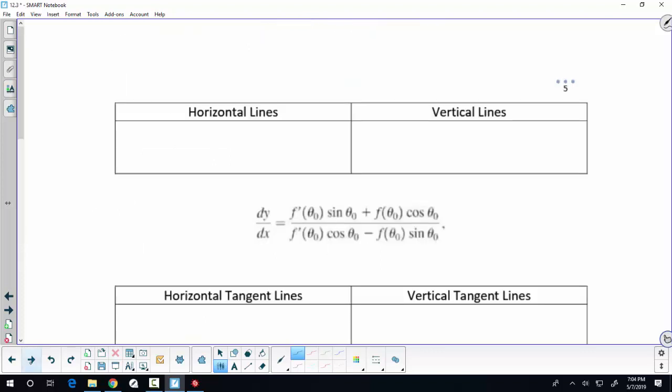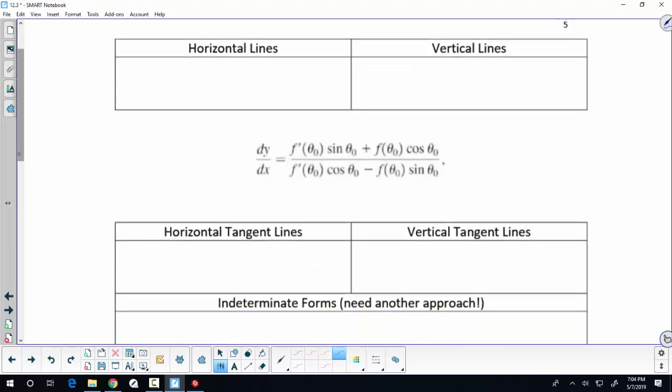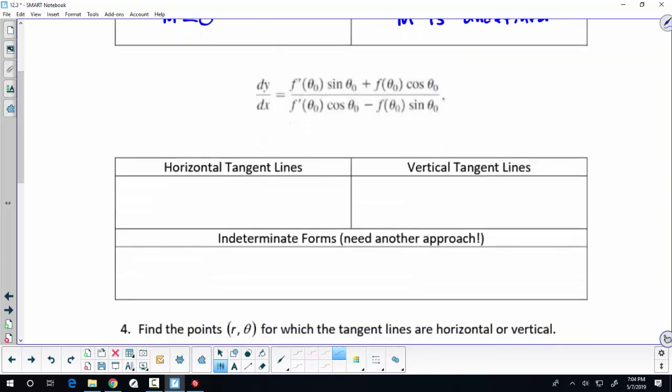Right. Now, a similar kind of setup here with horizontal and vertical lines. We're really concerned about finding horizontal tangents and vertical tangents. So slope is 0, or undefined slope. But similar to what we looked at in 12.1, the horizontal tangent lines occur when the numerator of the derivative is 0.